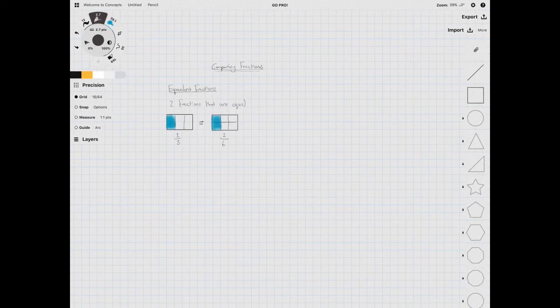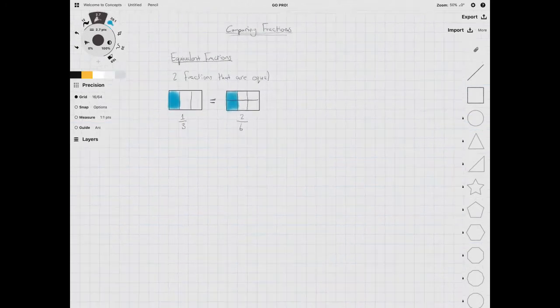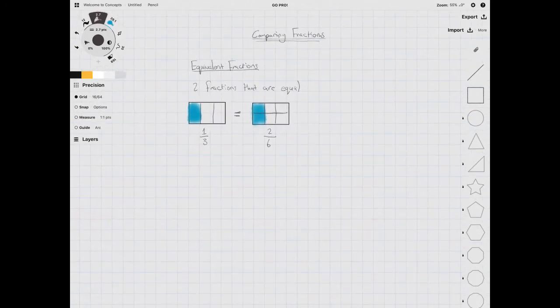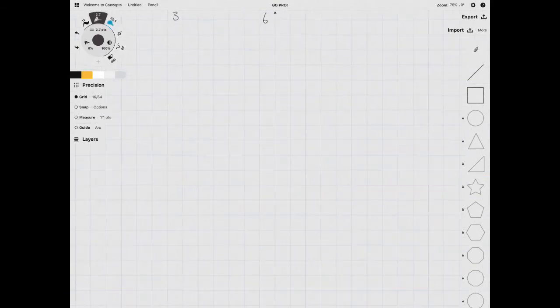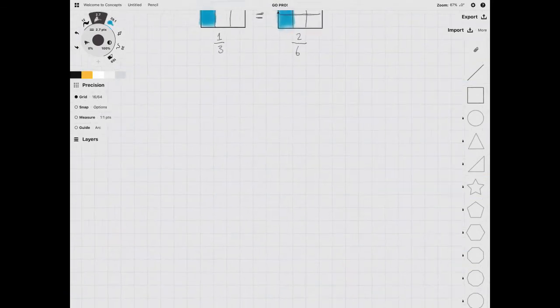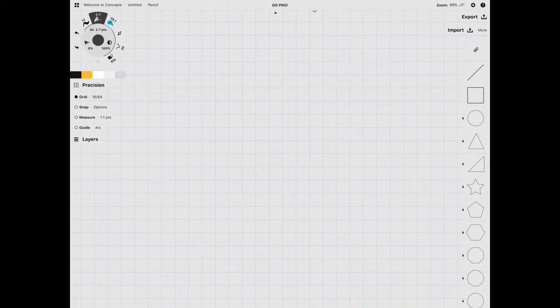So that's going to be our little bit of revision on equivalent fractions, and we can move on to now the main part of today's lesson, which is going to be comparing fractions. And what we're going to look at here is, firstly, we're going to compare fractions with the same denominator. So let's write that down.